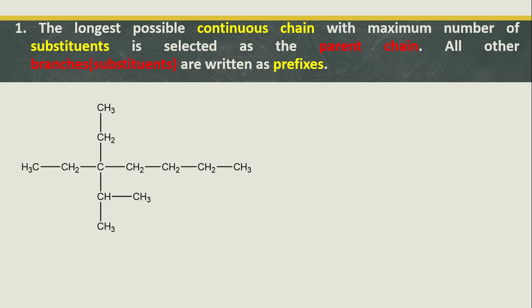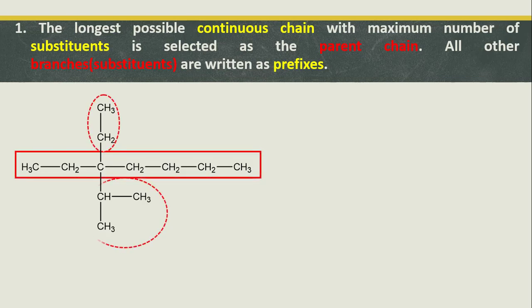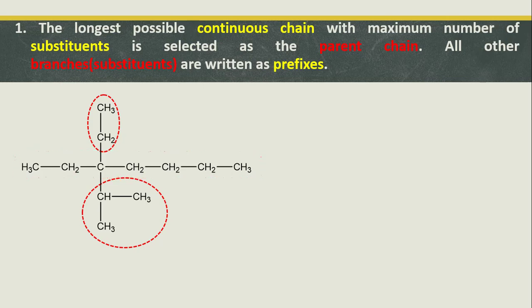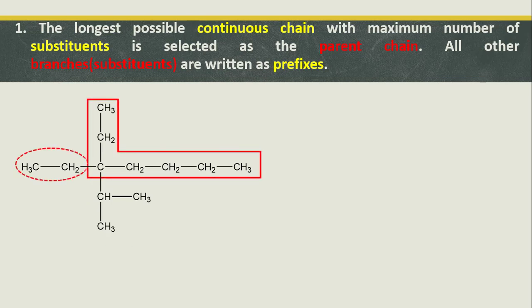The first one is the linear chain, which contains 2 substituent groups, and the other chain also contains 2 substituents and 7 carbons on the parent chain.